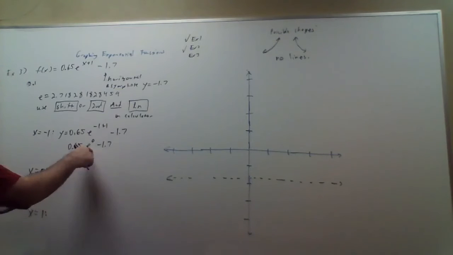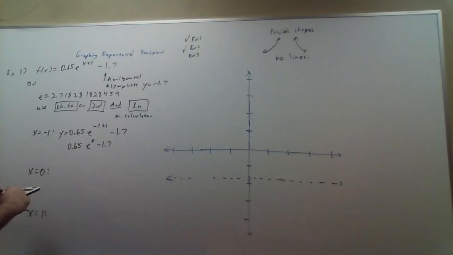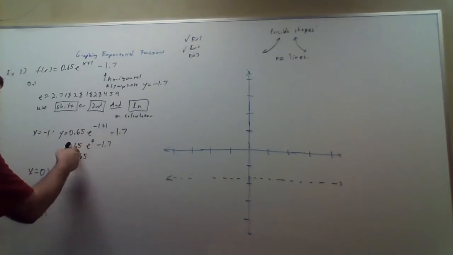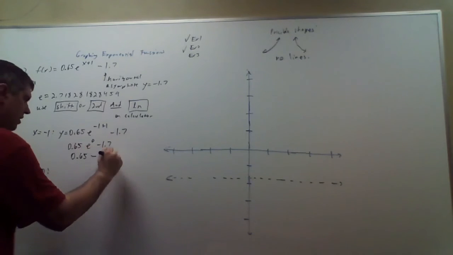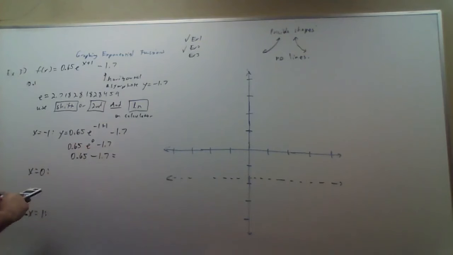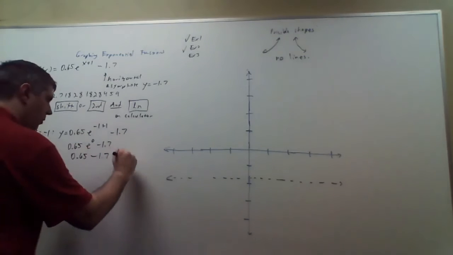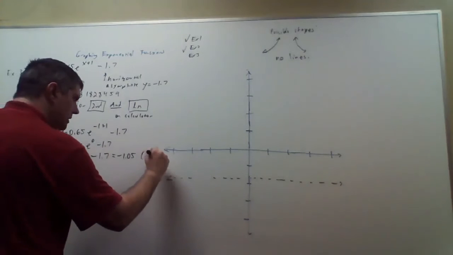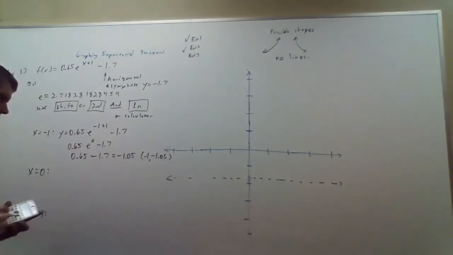That gave me 1 times 0.65, so 0.65. Subtract, we have negative 1.05. So the first point is negative 1, negative 1.05.